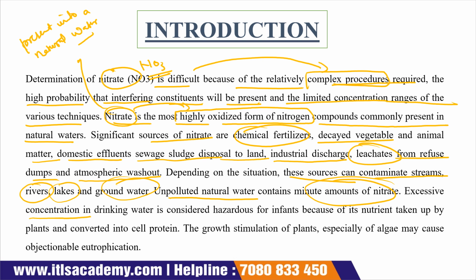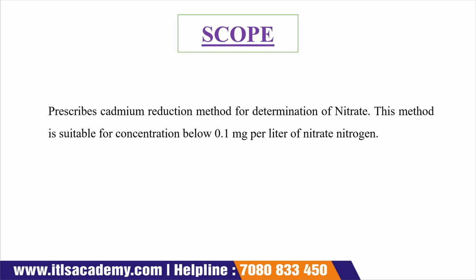Excessive concentration in drinking water is considered hazardous for infants. If infants drink water in which the nitrate concentration is very high, it is hazardous for them. Nitrate is a nutrient taken up by plants and converted into cell protein, and the growth stimulation of plants, especially algae, may cause objectionable eutrophication.